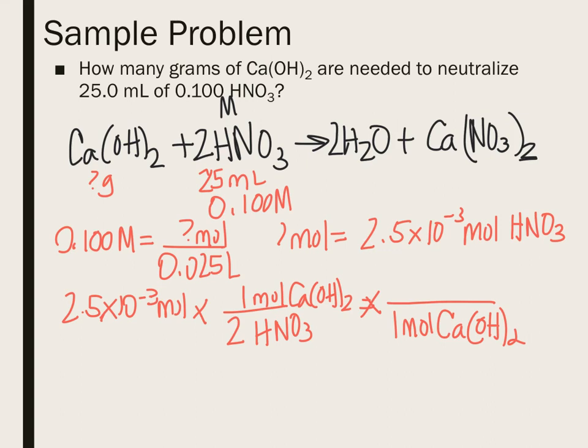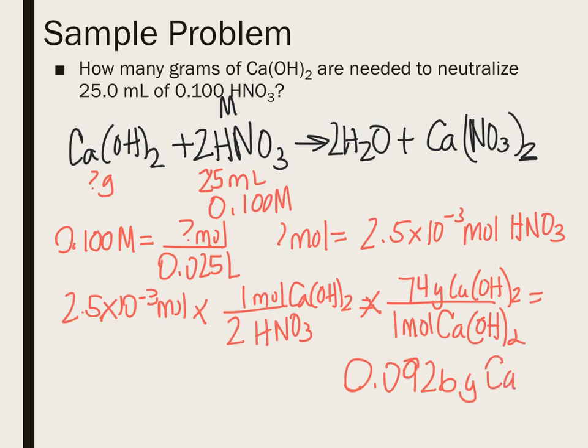So when I do the math there, my answer would come up to be 0.0926 grams of calcium hydroxide. Wow, having a little problem writing. My stylus is not being very kind.